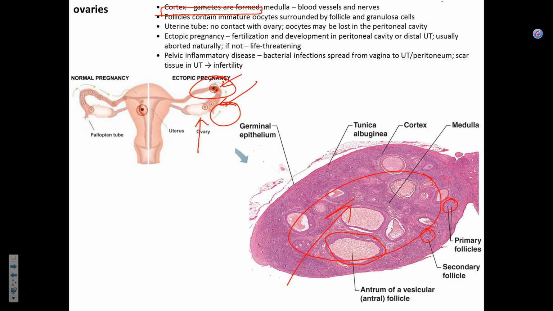And if there is no functional epithelium, there are no cilia. If there are no cilia, there is no movement. So oocyte gets stuck in the fallopian tube, or not even making it into the fallopian tube. Now, ectopic pregnancy is usually aborted by itself. But if it's not aborted, then it's a life-threatening condition.